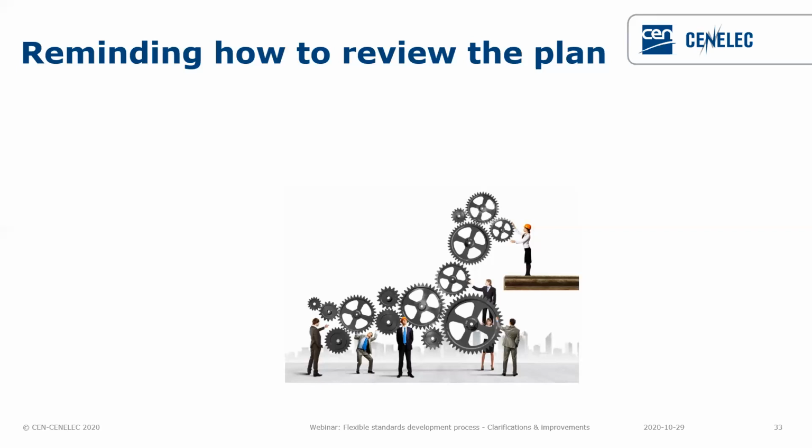Then another question from Stefan. In a TC I'm responsible for, the decisions for the new work items were taken in April this year, but since the TC still had to decide on some aspect regarding the organization, the work items have not been activated yet. Is it still possible to change to the new flexible process, and do I need a TC decision to do so? So indeed, you did those actions right in the middle of the transition phase.